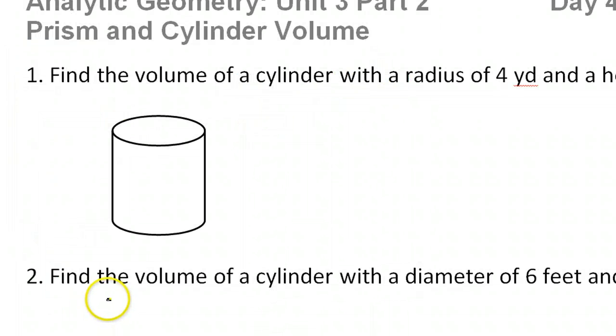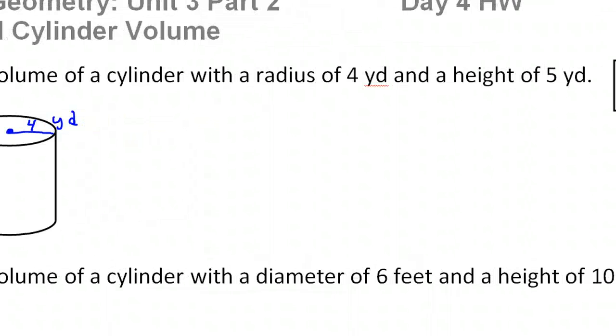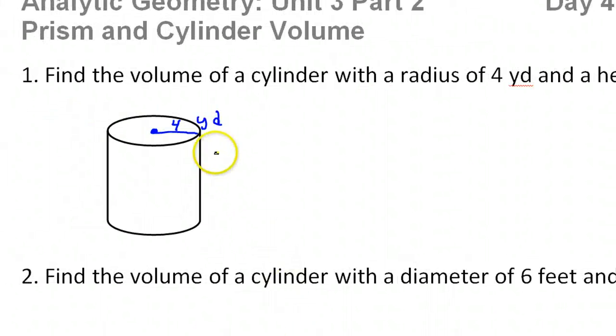Okay, so for number one, we're supposed to find the volume of a cylinder with a radius of 4 yards. The radius is 4 yards, and the height is 5 yards.